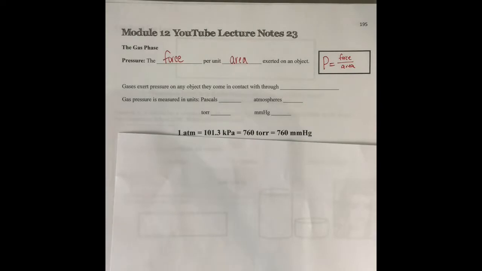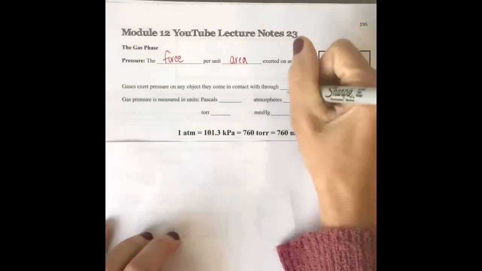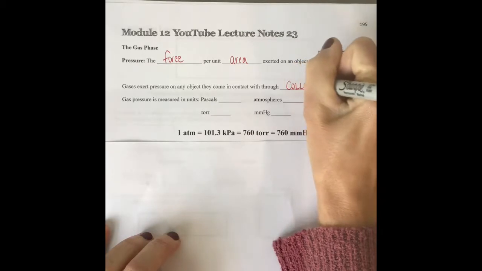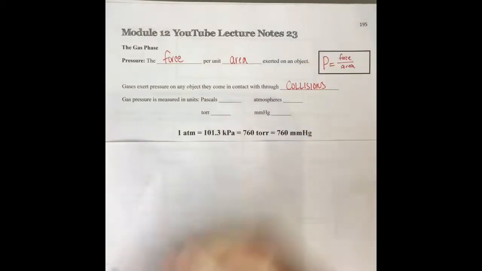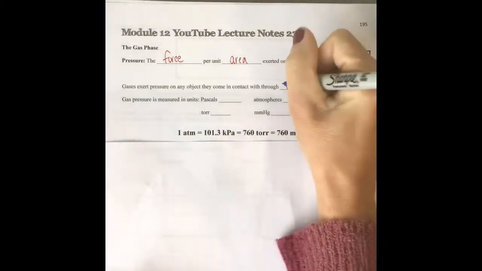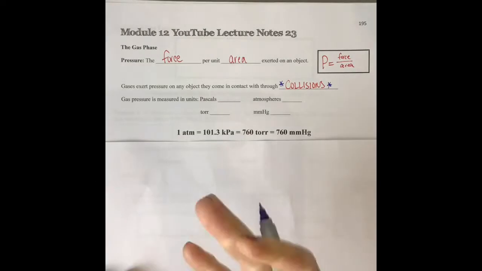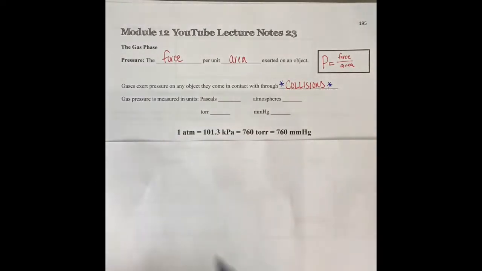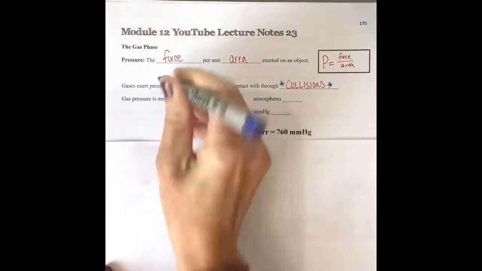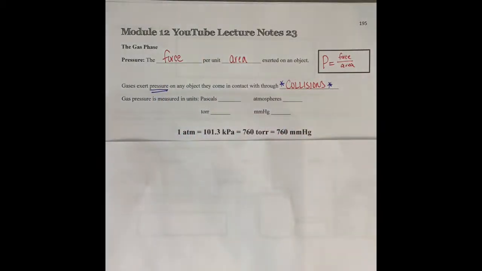So the way that gases exert pressure is through collisions. And these collisions are going to be the main focus of what we talk about today. Okay, so think about the molecules moving around and colliding with the walls of the container, thus exerting pressure.